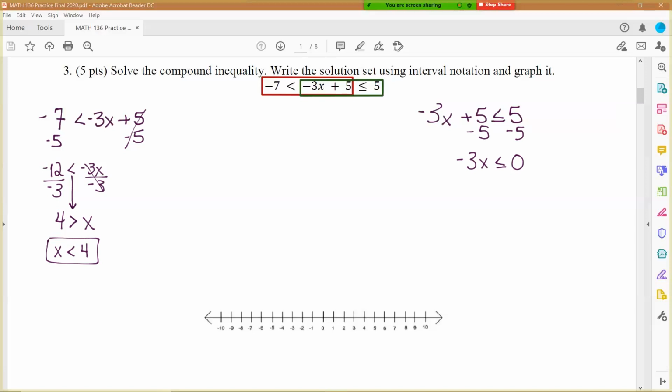We want to divide by -3. So when I divide by a negative, I have to flip my sign. So now my symbol is greater than or equal to instead of less than or equal to. 0 divided by -3 is still 0.